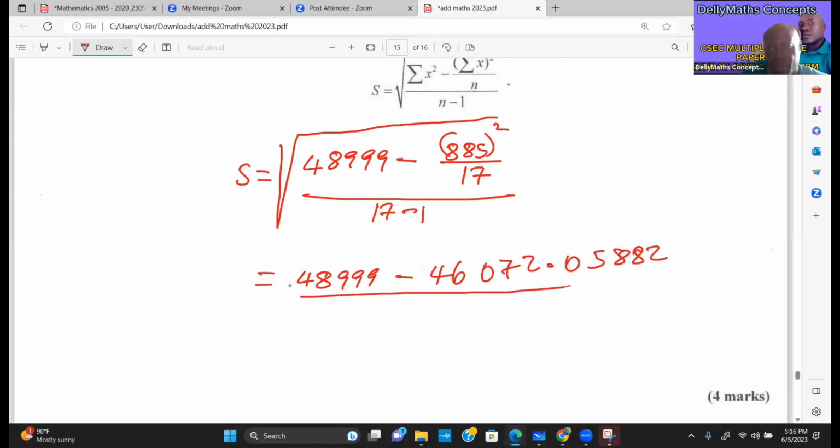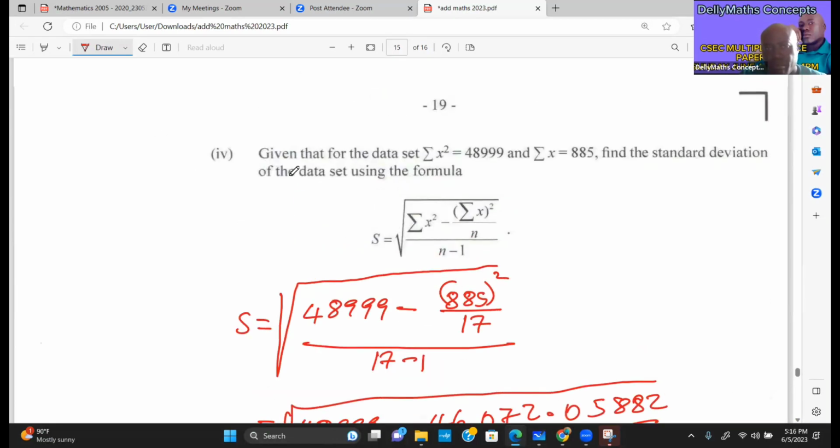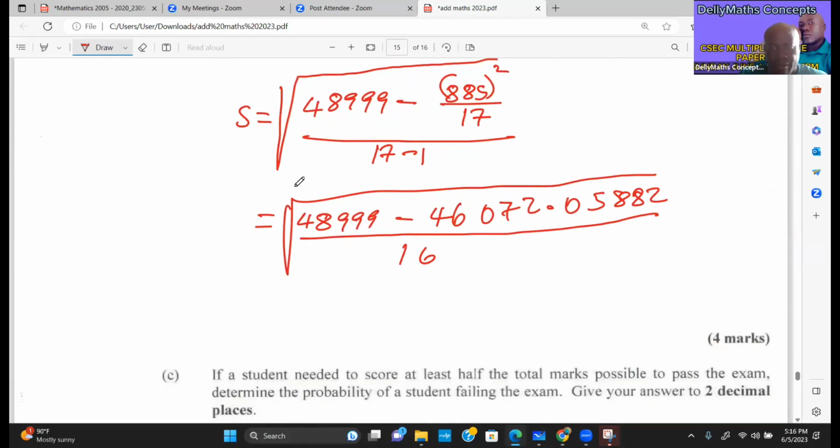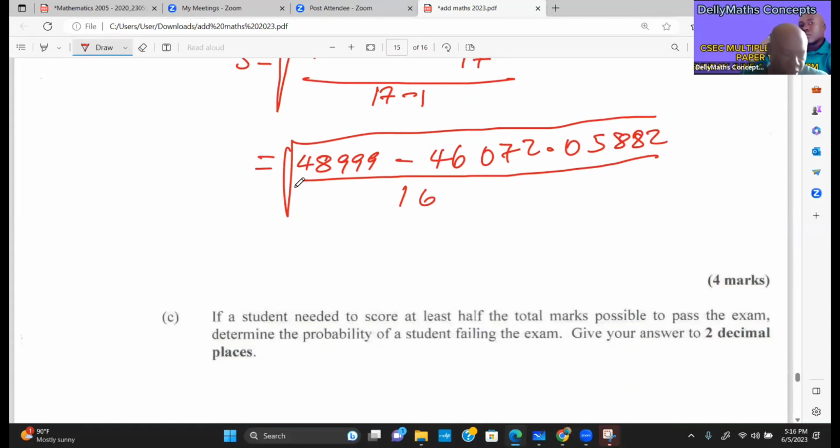And then all of this will now go over 16, and then I take the square root. All right, continue working. 48,999 minus 46,067.05882.